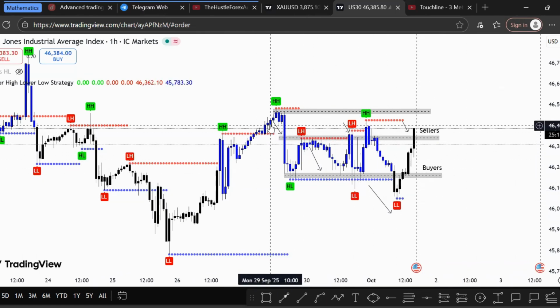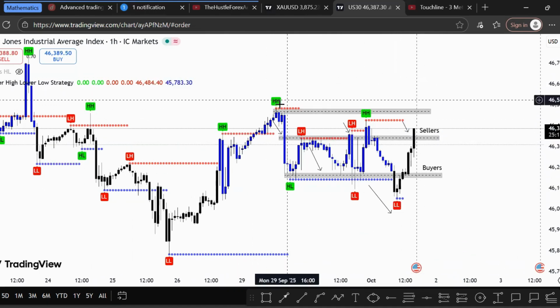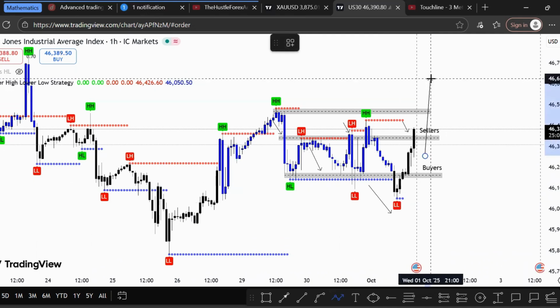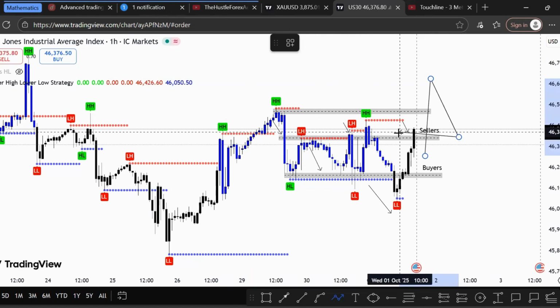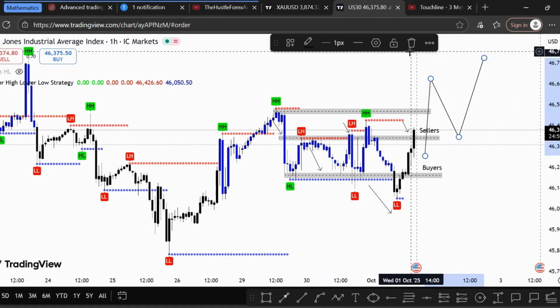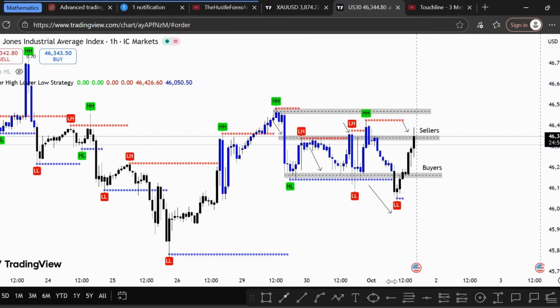So if you are looking to buy, you need to wait for market to create an indication, break above these higher highs, and then create the higher low. Wait for something like this, create the higher high, higher low, and then start buying off the levels where it showed you it can buy before, right? So now it doesn't show that it can buy. It is actually showing us that it can sell, and we are in a downtrend, right?